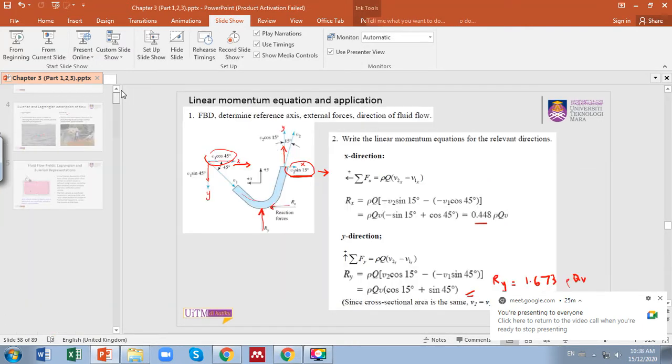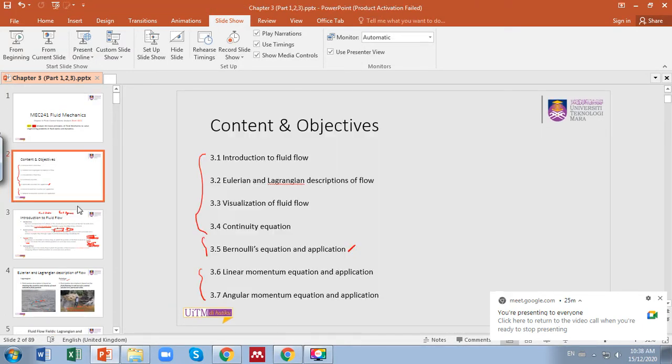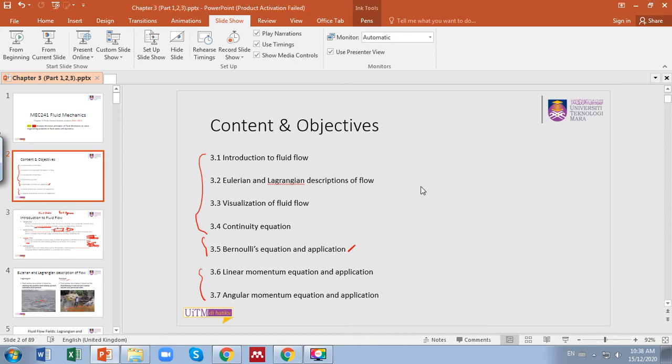So we covered everything in chapter 3: the fluid flow, Eulerian and Lagrangian, visualization of fluid flow, continuity equation, Bernoulli equation, linear momentum, and today angular momentum. So this is all your subchapters in chapter 3.